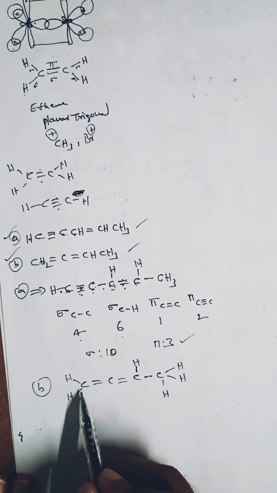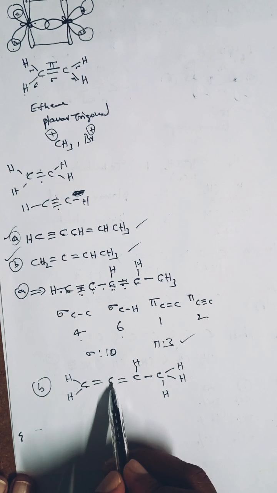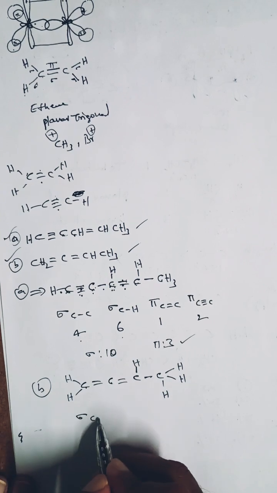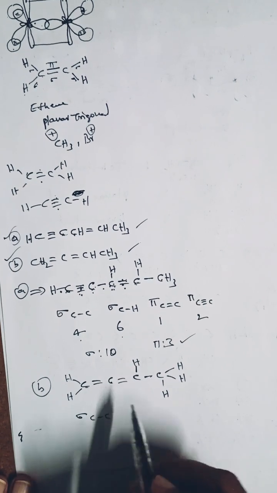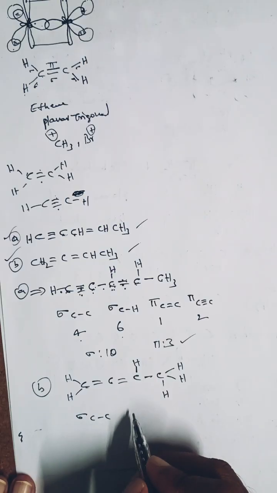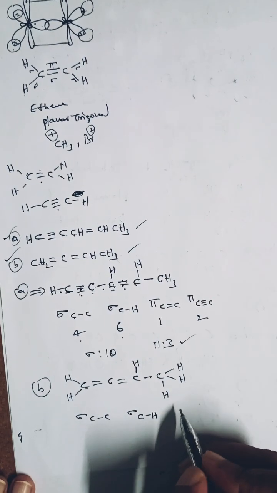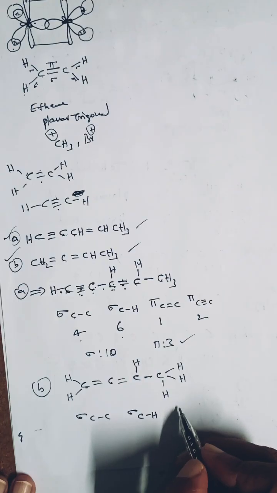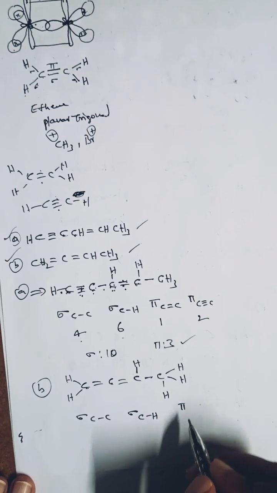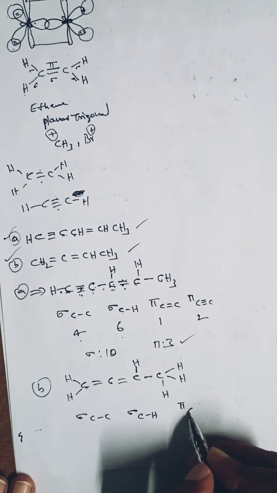Okay. Now C–C sigma bonds, sigma C–C, sigma C–H, and pi, C double bond C.